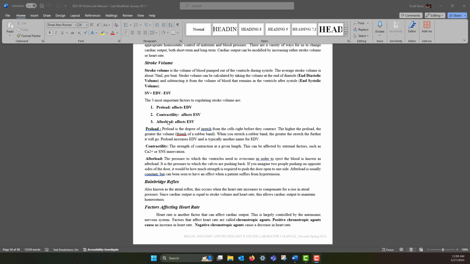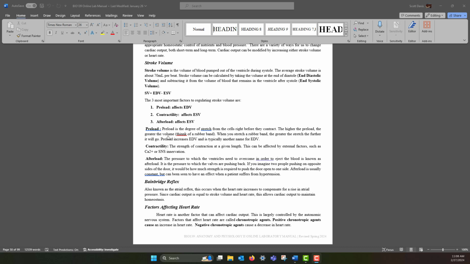Third, afterload. Afterload is the pressure in the aorta just prior to ejection of blood from the left ventricle. Let's think about that. When the left ventricle starts to contract, blood is ejected from the left ventricle into the aorta.